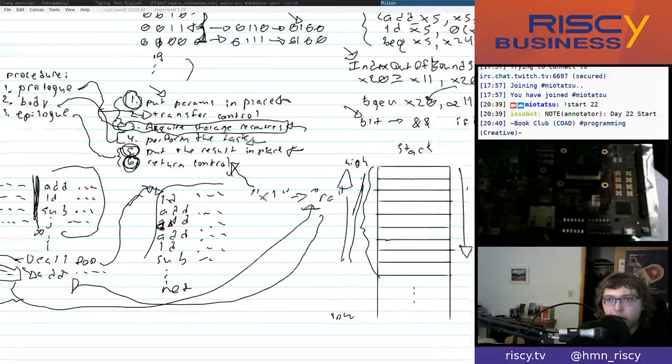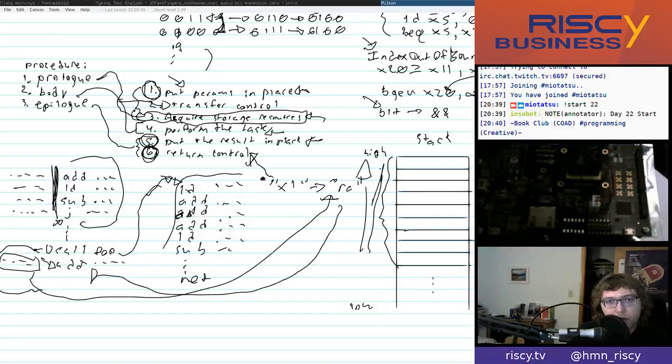All platforms are going to have some conventions for these things, and this is a typical example of how this stuff is done. So the details might vary from platform to platform.